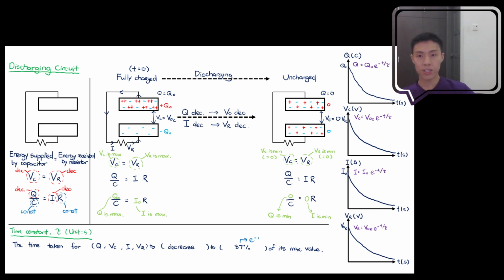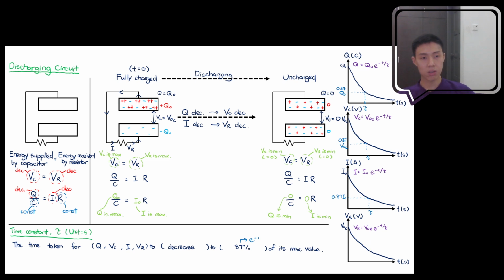From our understanding, what can we say? If we look at the time tau over here and trace back the value of charge right now at tau, you see that it's 0.37 of Q naught. Same idea, if you take the amount of time tau and observe the voltage across the capacitor, you also observe that it's 0.37 V naught C. Continuing from there, you can also find the current, so this is 0.37 I naught.